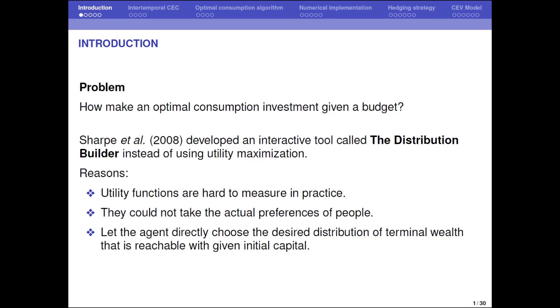They use this approach instead of utility maximization because utility functions are hard to measure in practice. They couldn't take the actual preferences of people. So they say, let the agent directly choose the desired distribution of wealth that could be reachable given an initial capital, which is the budget.